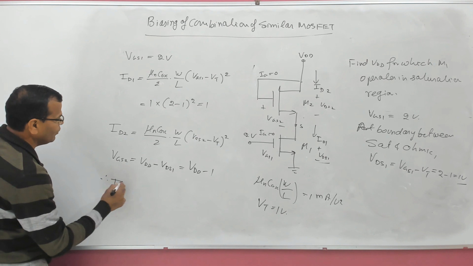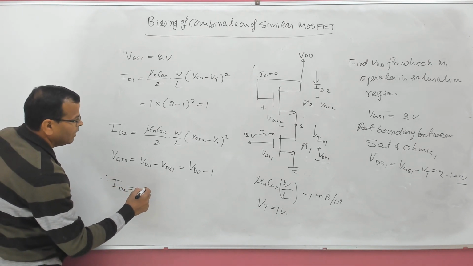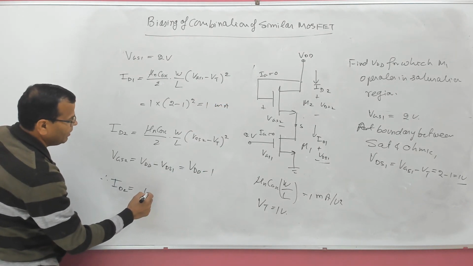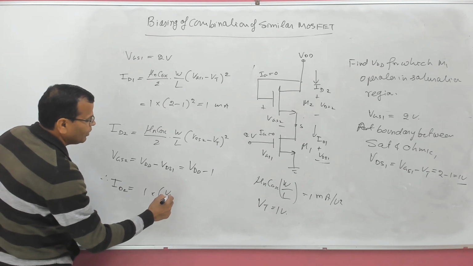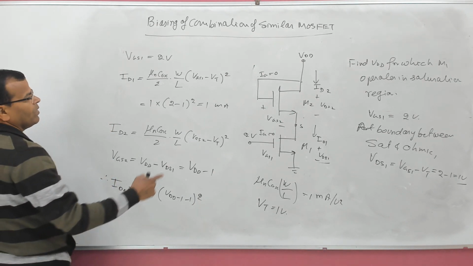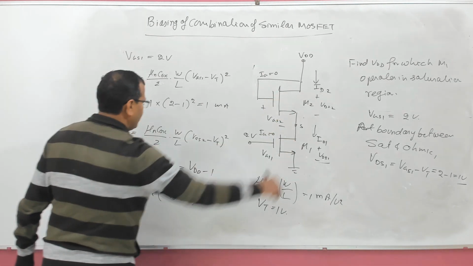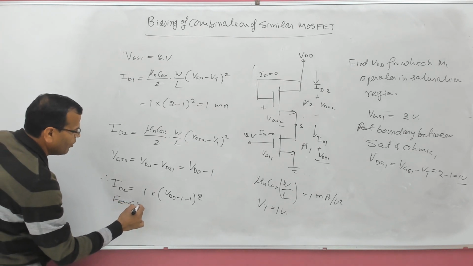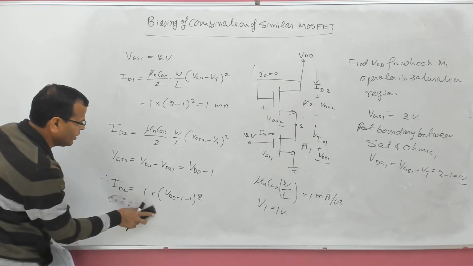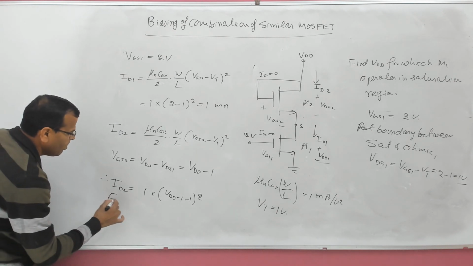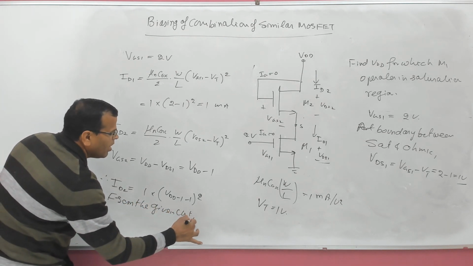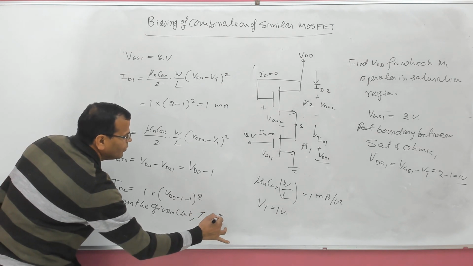Therefore drain current ID2 will be equal to what? This is in milliampere, remember this. So this is 1 milliampere into VGS2, which is VDD minus 1, threshold is 1, whole square. And since both are connected in such a way, from the given circuit, we get ID1 is equal to ID2.